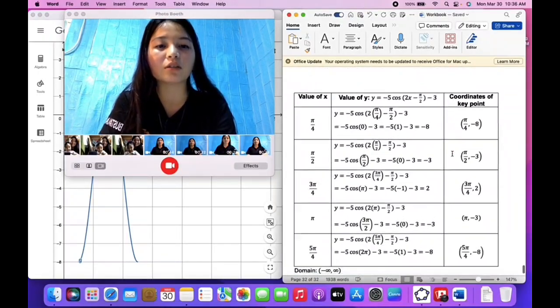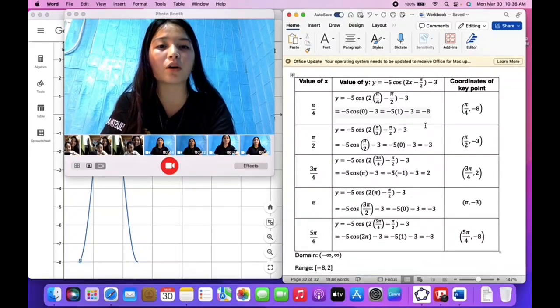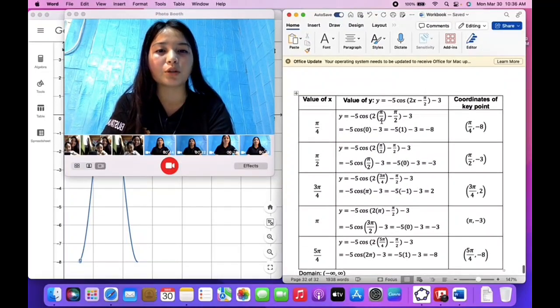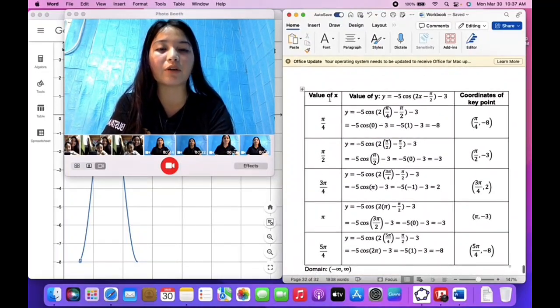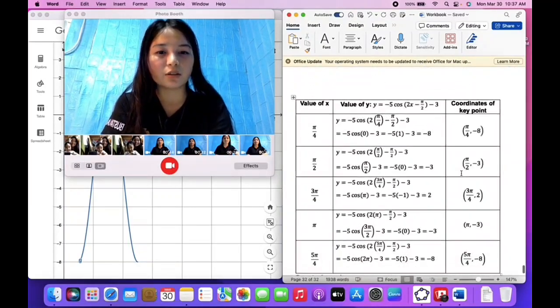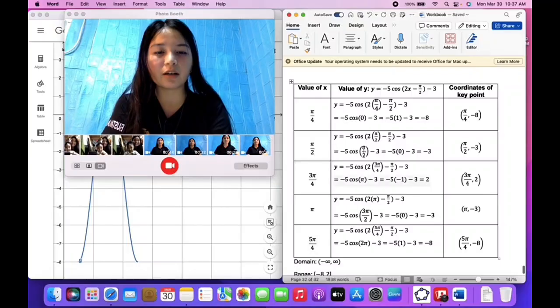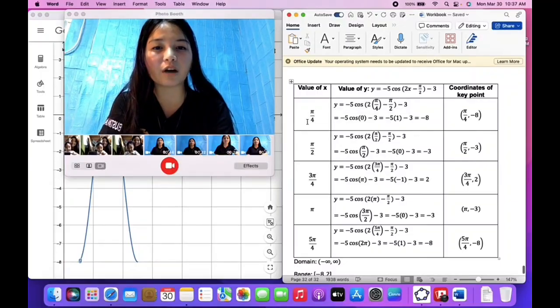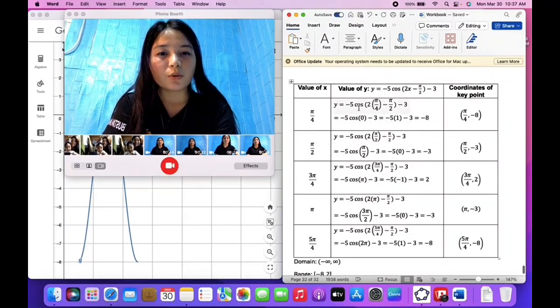Now let's move on to finding our y-intercept. We put our x value here in our function and substitute.